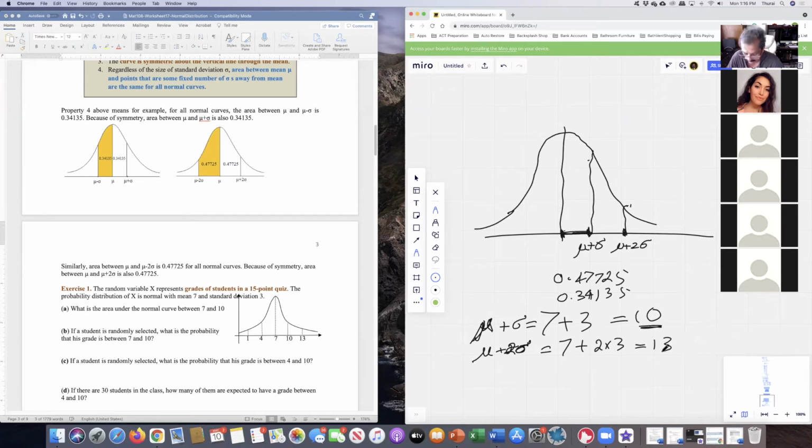Maybe I should have said all that before. So between 7 and 13, our area is 0.47725. Understand that? Yes. And between 7 and 10, the area was 0.34135. So if I subtract 0.34135 from 0.47725, that gives me the area between 10 and 13. Got that?